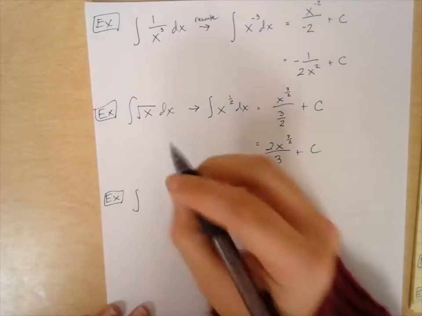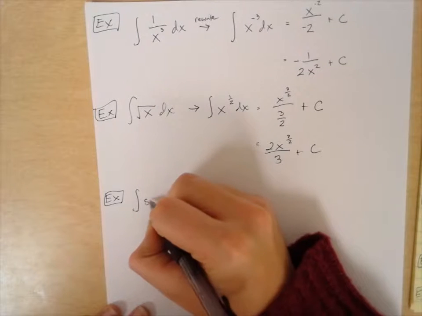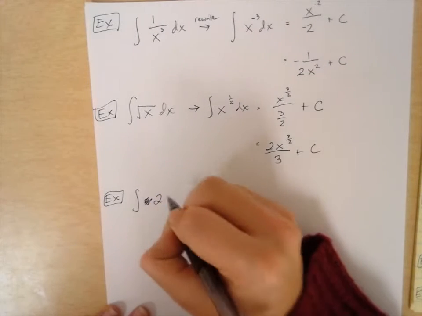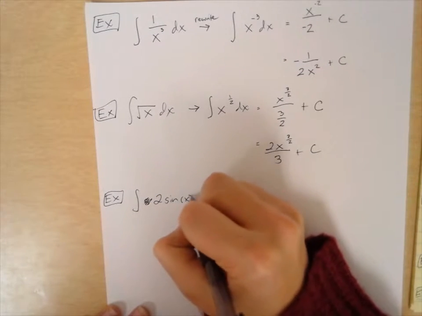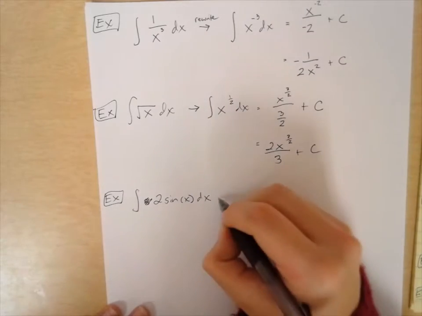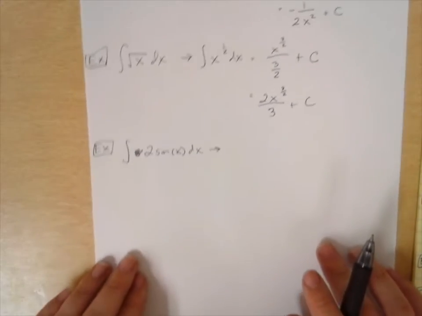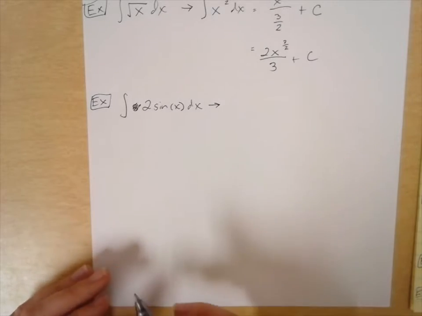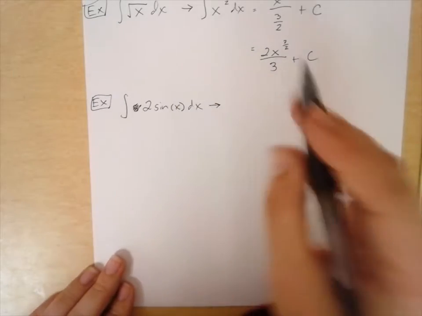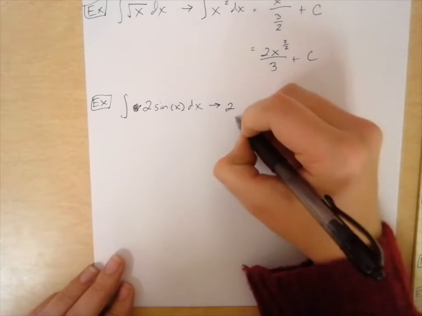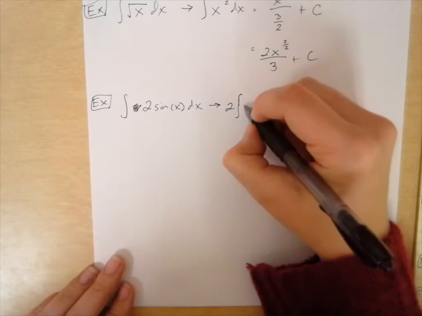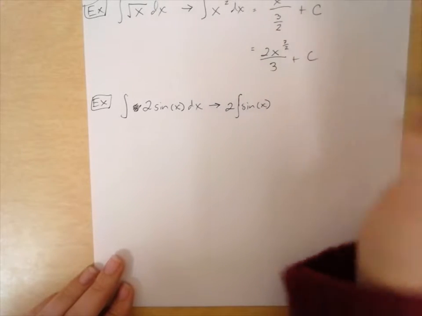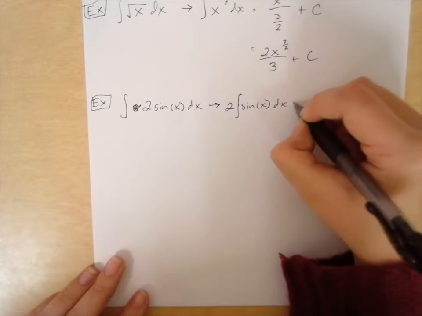This would be fun. So let's say we were doing the antiderivative of 2 sine x. Well, I'm hoping that this is a familiar process as it was with differentiating. I have this 2 in front, so I can take out my constant and do the antiderivative of sine of x.